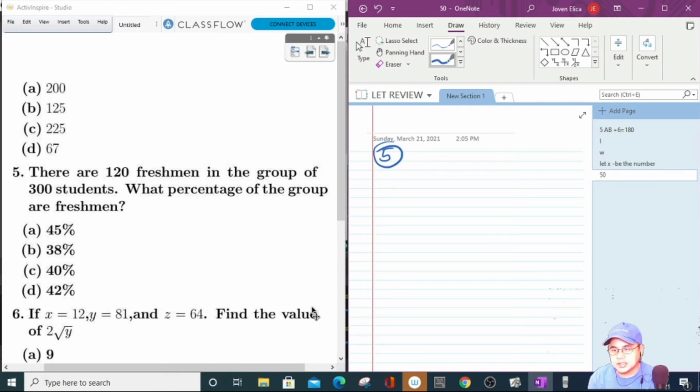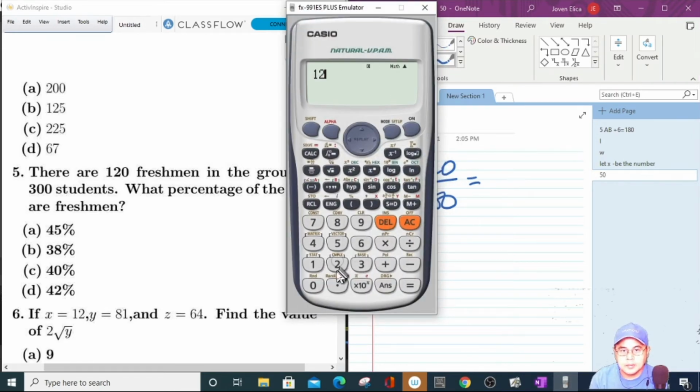Just get the percentage of the students. So just get 120 divided by 300, which is equal to 2/5.